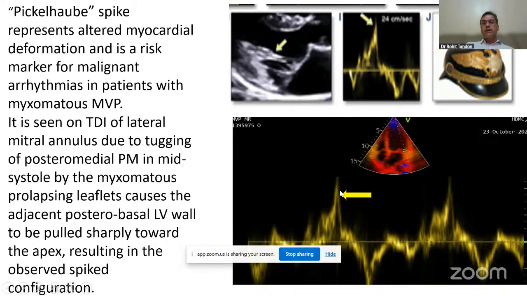The notion behind this spike is that there is altered myocardial deformation due to tugging of the posteromedial papillary muscle in mid systole. As we can see nicely, this occurs in mid to late systole: the myxomatous prolapsing segments cause the adjacent posterior basal LV wall to be pulled sharply towards the apex, and thus there is a spike. This spike is considered a very important marker in arrhythmogenic mitral valve prolapse patients.